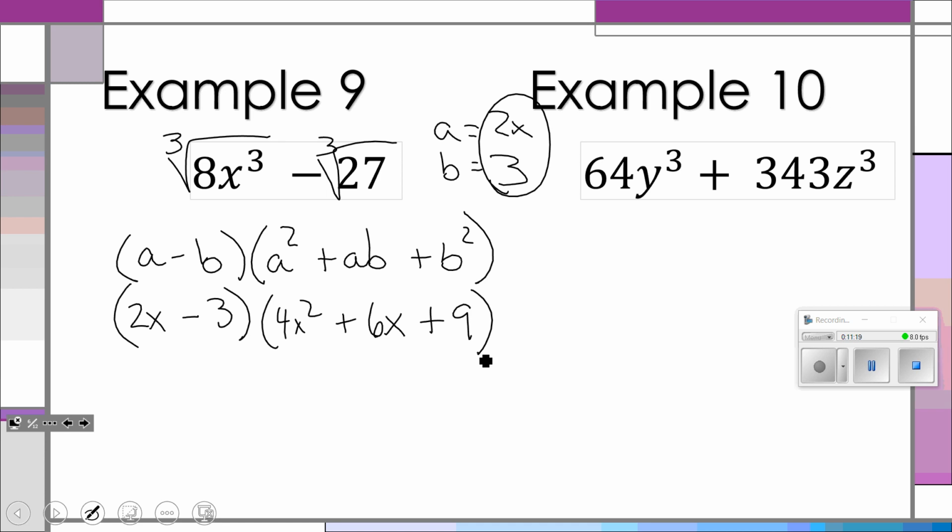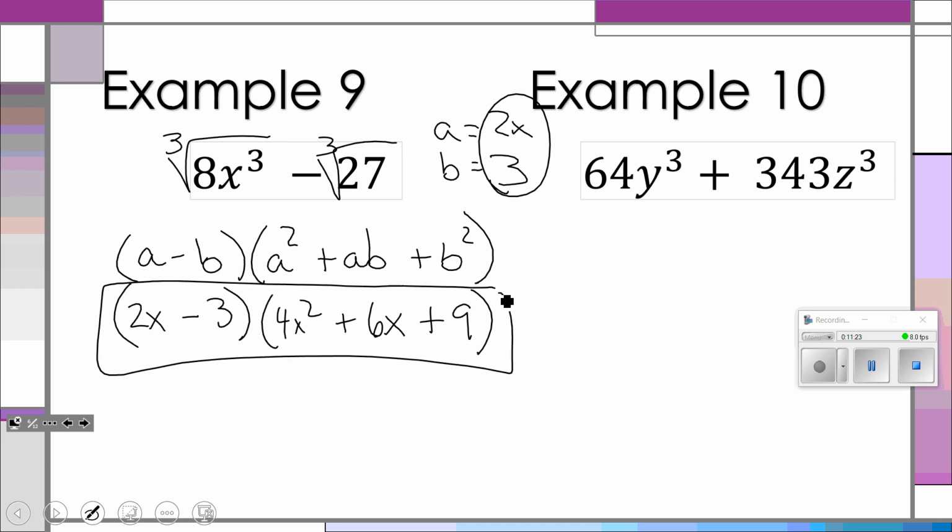I know this looks like it can factor further, but it cannot. Cubes will remain how they are in the formula, so you won't have to go further with them. Any questions about that? So how about you try example 10 using that method, and I'll give you a helpful hint. What's the cube root of 343? I know you don't have a calculator yet.